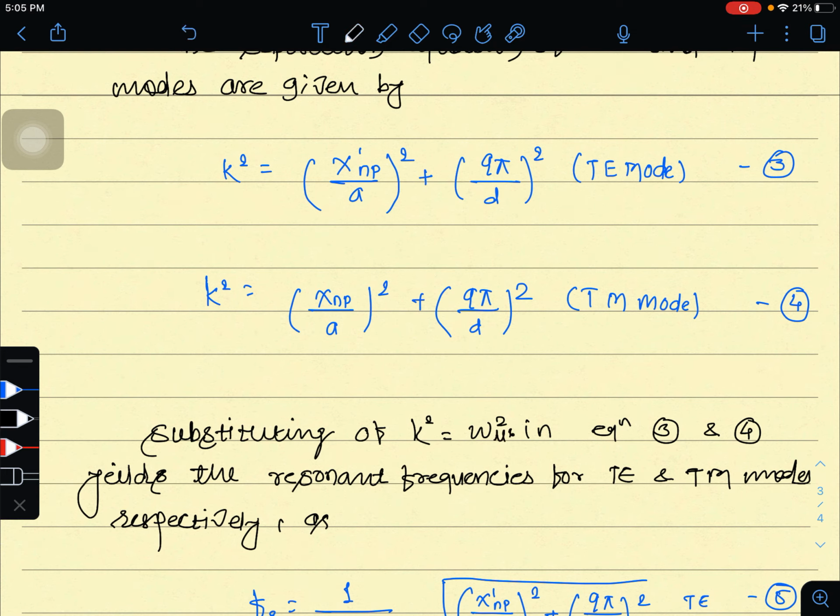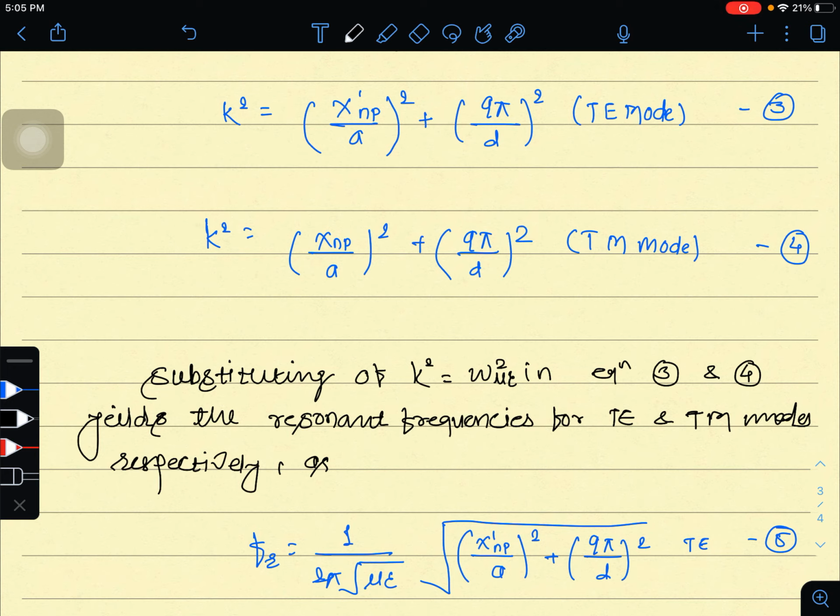Whenever we substitute the value of k square in equation 3 and equation 4, they yield the resonant frequencies of transverse electric and transverse magnetic mode.